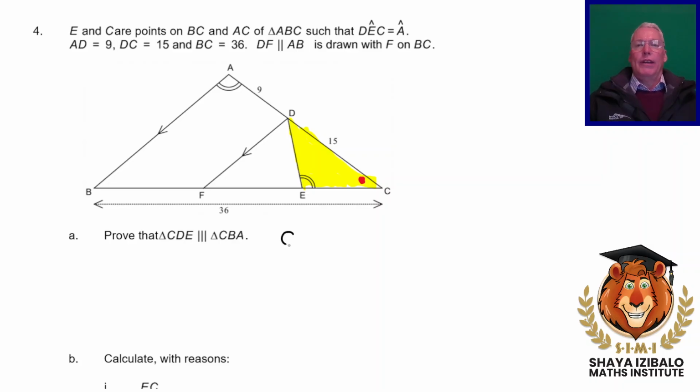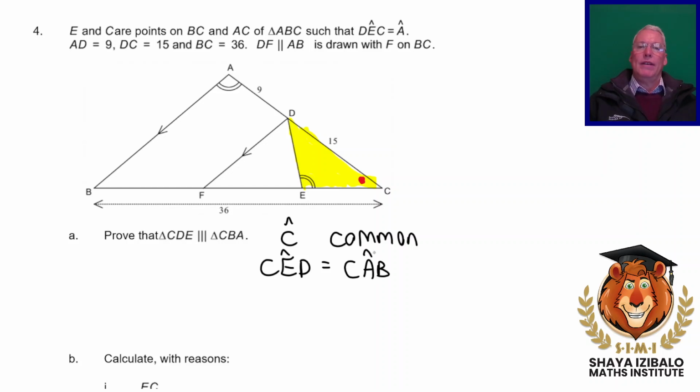Right, so let's write it down. Angle C, common. CED, that's that angle there, is equal to CAB. And the reason for that is given in the question. Now, because of that, the third angle in each triangle must be equal.